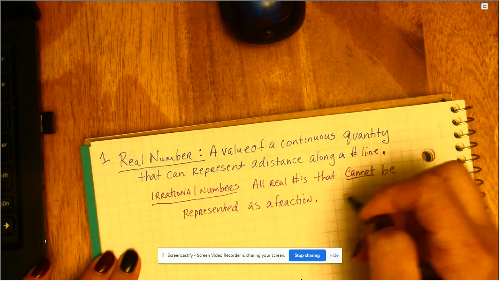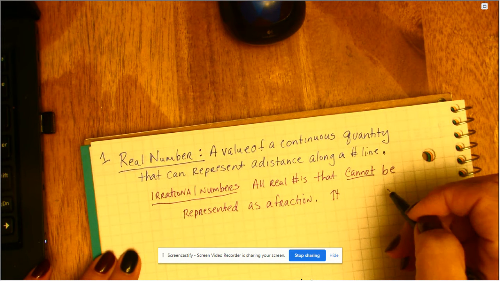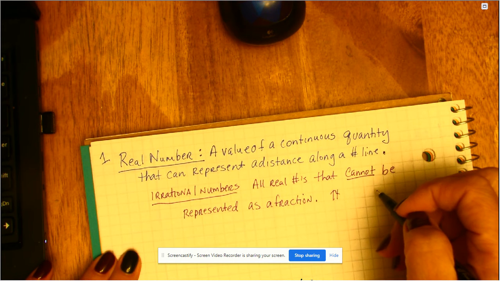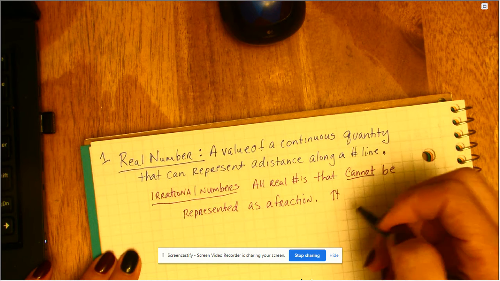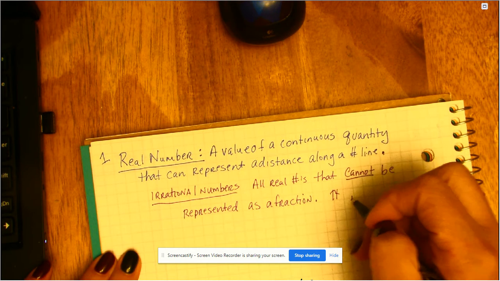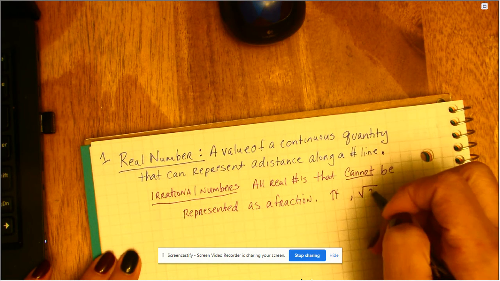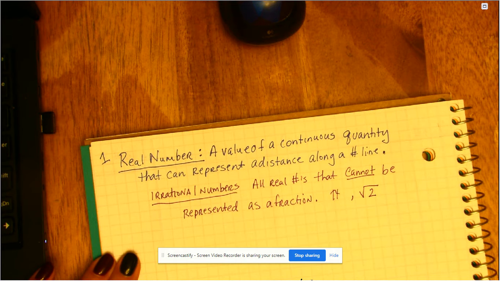So some examples of that, the number pi, because that is never ending, non-repeating as far as mathematicians know right now, that would be an irrational number. Another example might be radical 2. If we put that into a calculator, again, we're going to come up with a decimal that's never ending, non-repeating, therefore cannot be represented as a fraction.